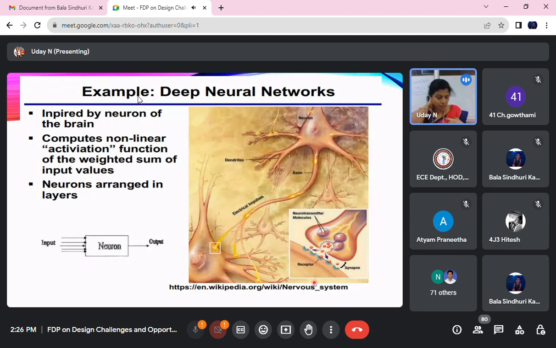Like that, the human brain has several cortices, and each cortex has several neurons to perform all the auditory tasks, that means speech and hearing, and the visual tasks like seeing and understanding, and speaking. Each part of the human brain performs certain tasks only because of the presence of the biological neurons.